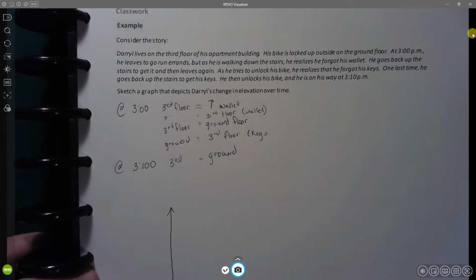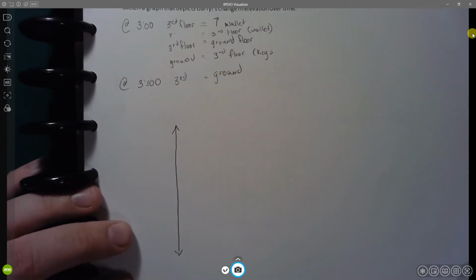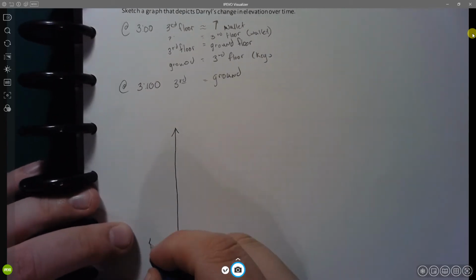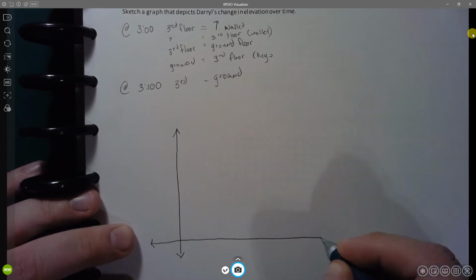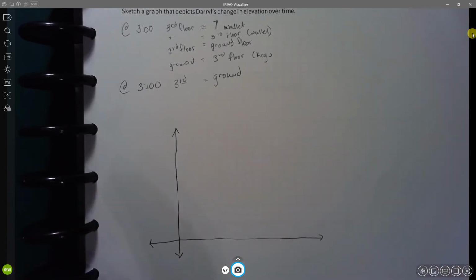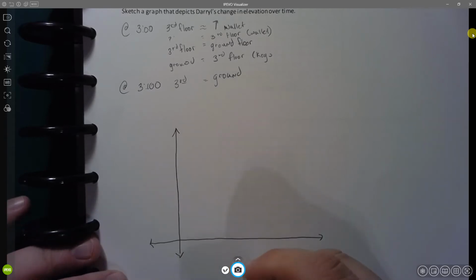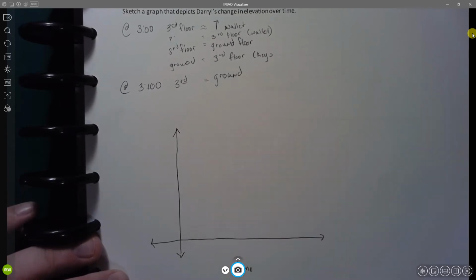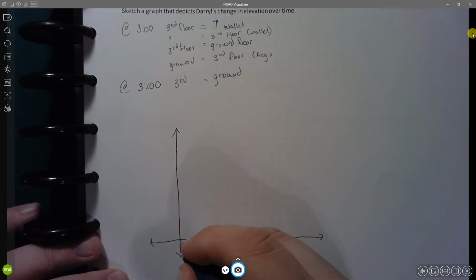Let me come up a little bit so you can see what I'm doing here. I've got a y-axis and our x-axis. This is change in elevation over time. Time is going to be down here at the bottom. We're going to say this is 0 minutes, the origin.